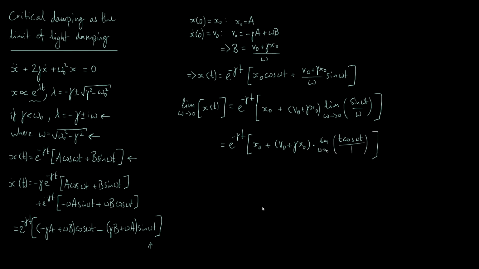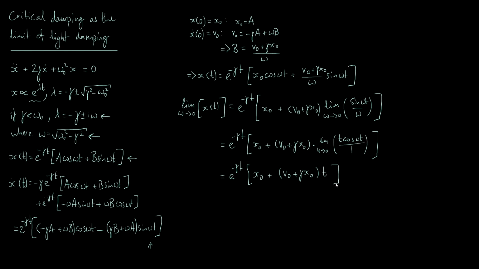Okay, now it becomes relatively easy because we can now just plug in omega equals 0 to this cos term. And so we are going to get e to the minus gamma t times x naught plus v naught plus gamma x naught, and then cos of 0 is again 1, and so this whole limit just evaluates to t.